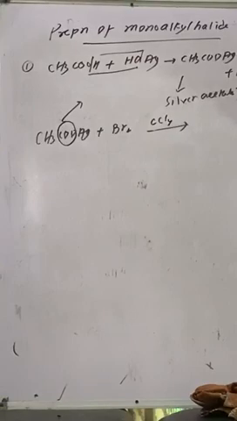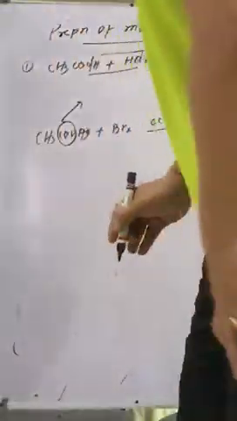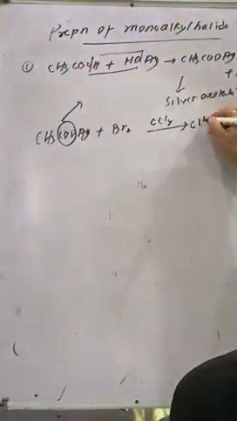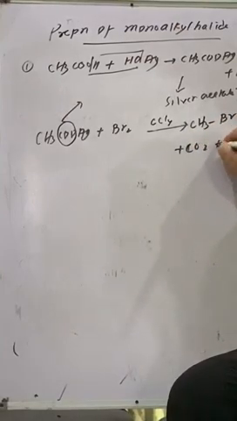Once you remove carbon dioxide, CH3Br comes out, plus CO2 is released, plus AgBr.